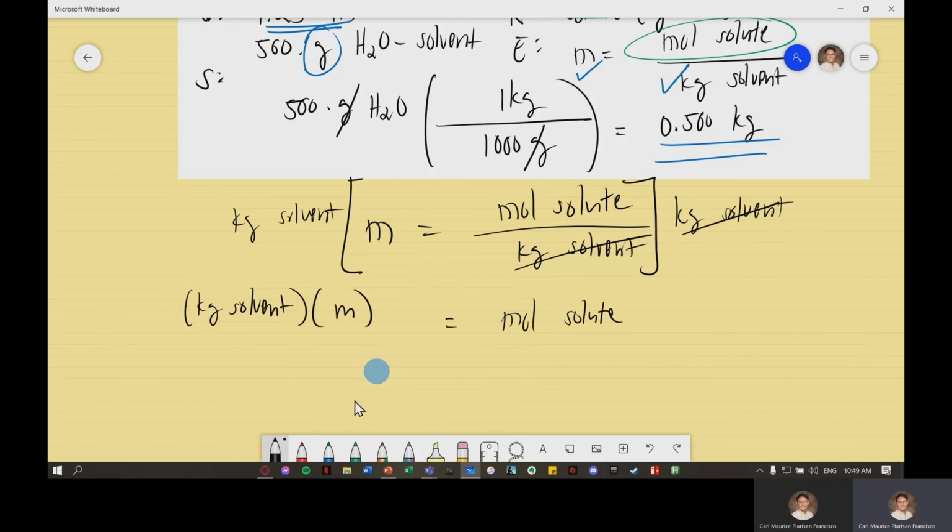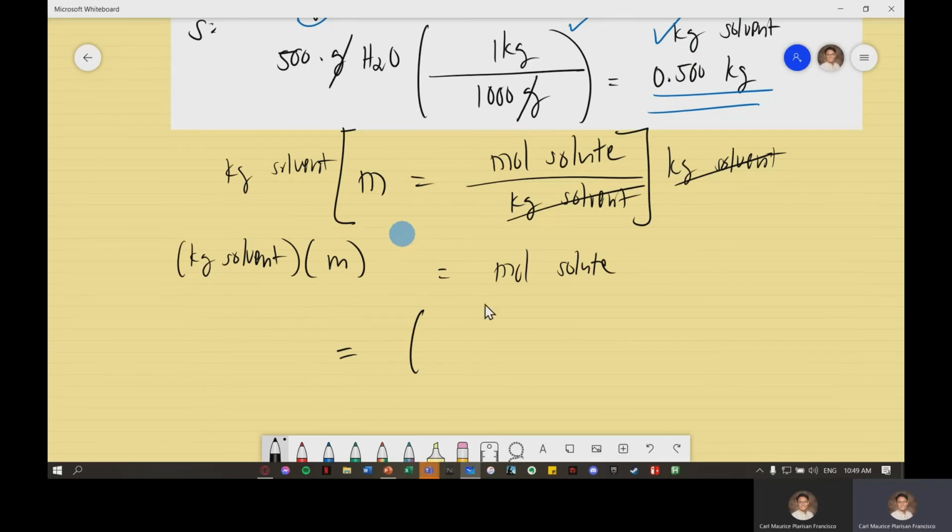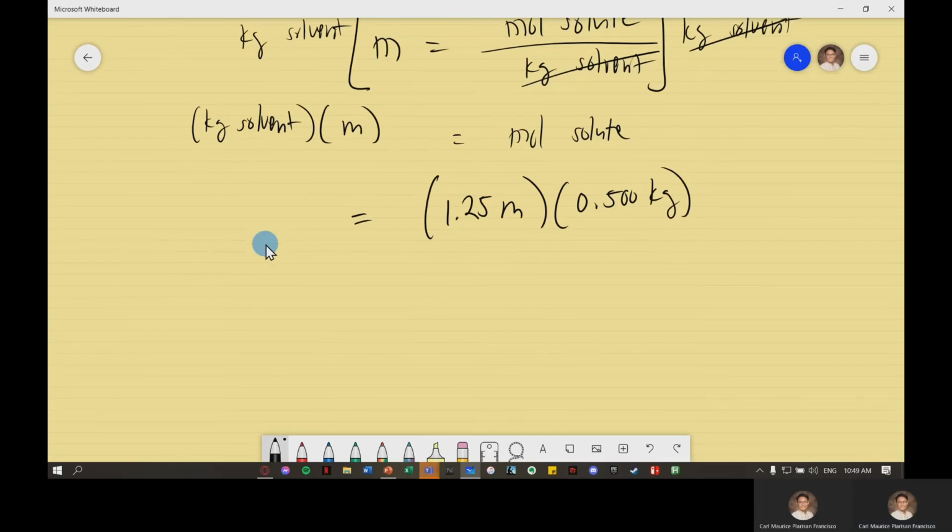So the solution shall be 1.25 molal multiplied by the kilogram solvent, 0.500 kilogram. This particular unit, molal, can be interchanged into mole per kilogram.